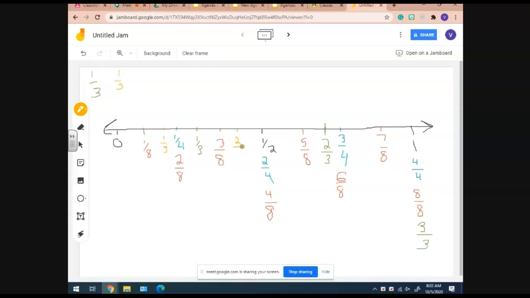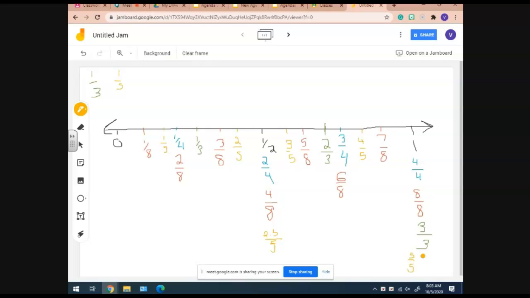Because we never get to half. Because its half would be like 2.5. We never actually get there. Okay? So that means my 3/5 is going to go just on the other side. 4/5 gonna go right here. And at the end, we got 5/5.